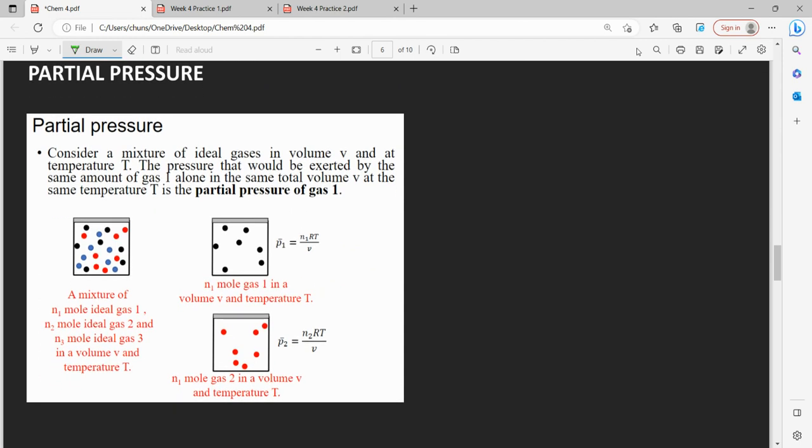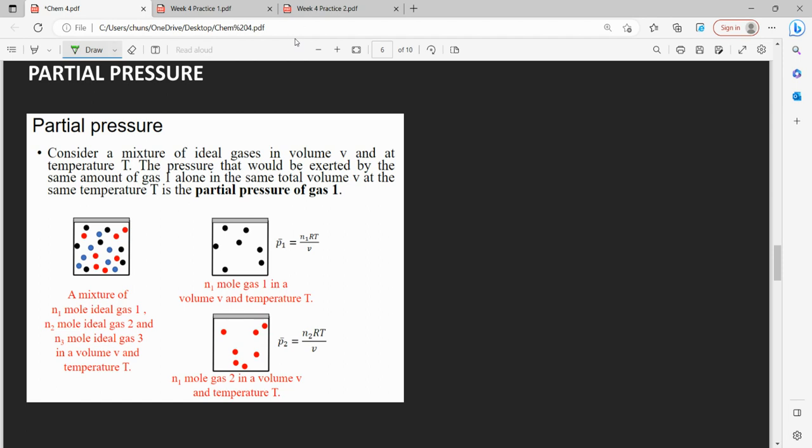So partial pressure. If we have a gas mixture in a container and we want to isolate just for specific values of one gas, then we can use partial pressures, where the partial pressures of all of our individual components add up to the total pressure.